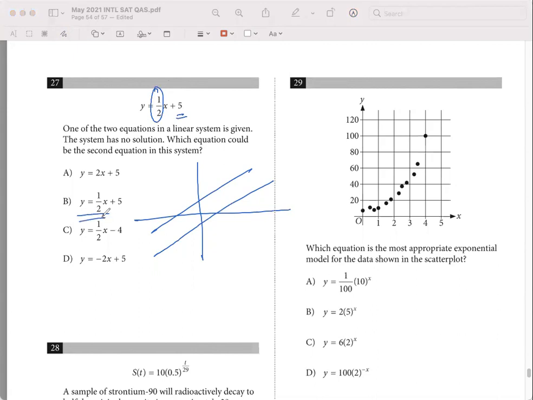So it's not that. My answer should be C, because with C, I get two equations that are parallel. With A and D, I get two intersecting lines, so that's a unique solution. So the answer for no solution is C.